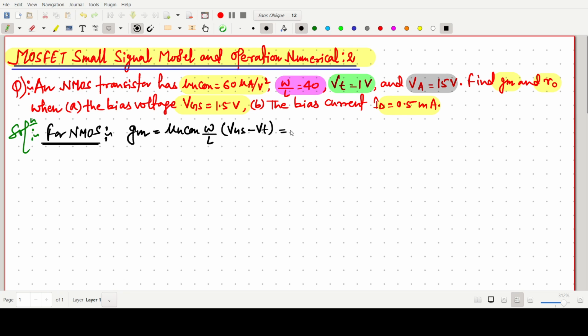Sometimes it is also written as μn Cox W by L times VOV, where VGS minus VT is VOV. This is one formula. In addition to that, one more formula is there: square root of twice μn Cox W by L times ID. Or one more formula: twice ID by VOV.